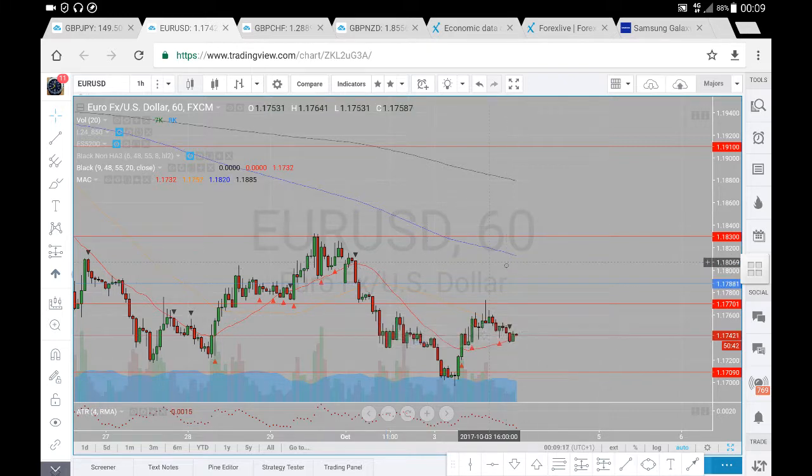Let's see how low we actually went from the 117.70. We went as low as 117.35. So a 35 pip rejection from 117.70, which is a pretty decent rejection, especially if we're looking at the hourly time frame on the euro dollar.